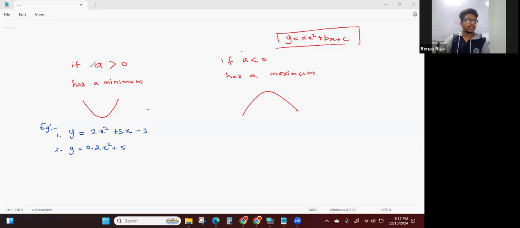So the only condition is a should be greater than 0. A must be greater than 0, right? So this is also a positive number. A is a positive number. Here A is a negative number.